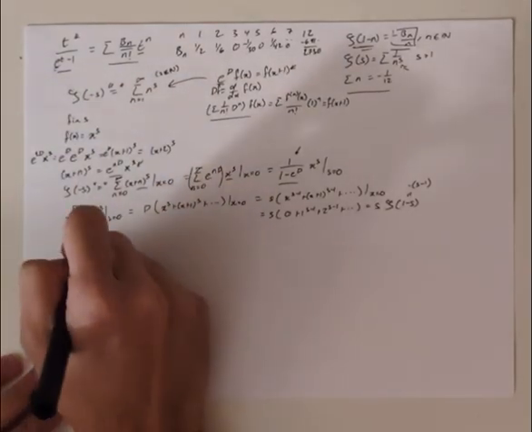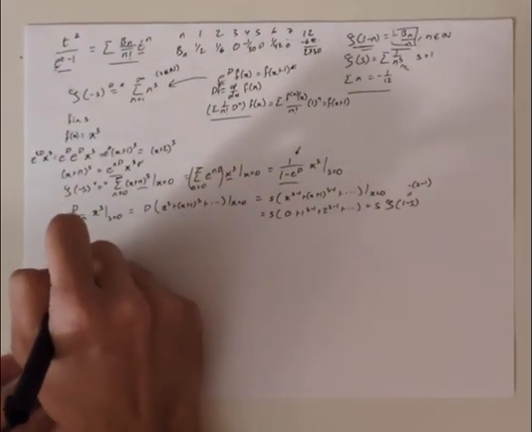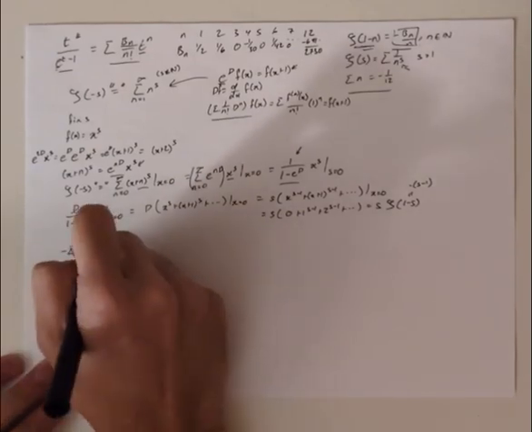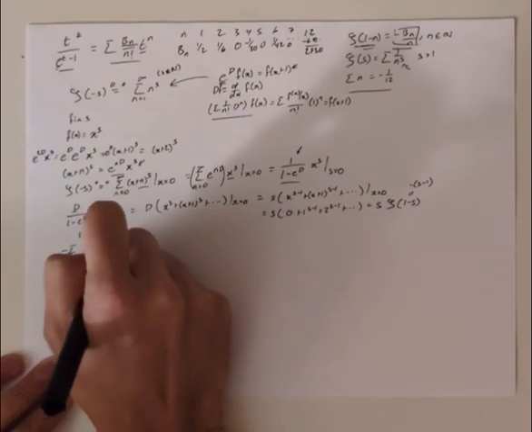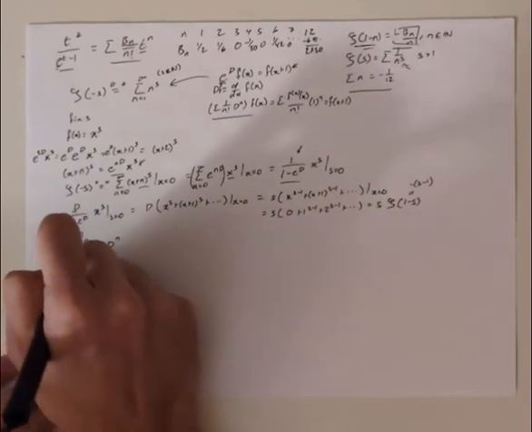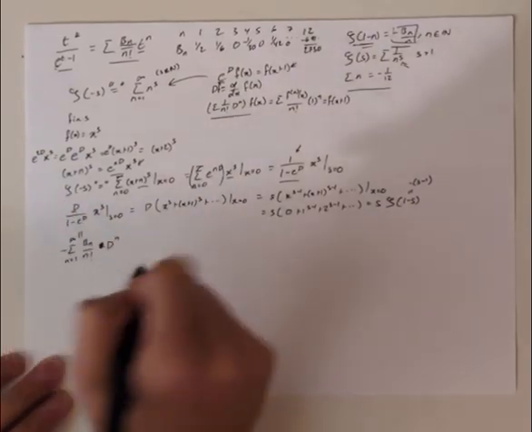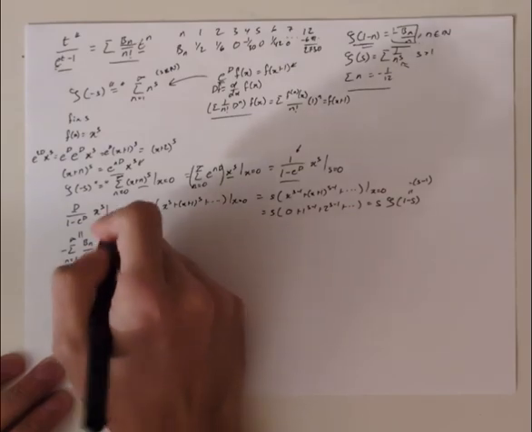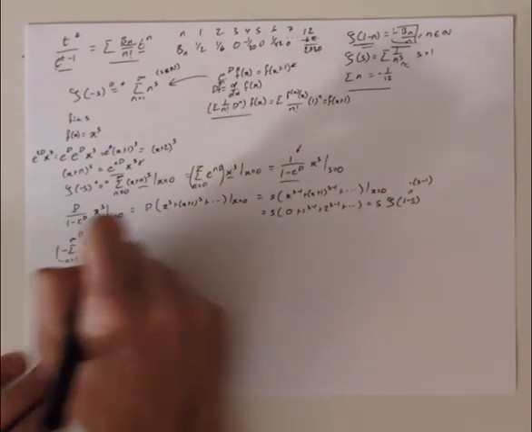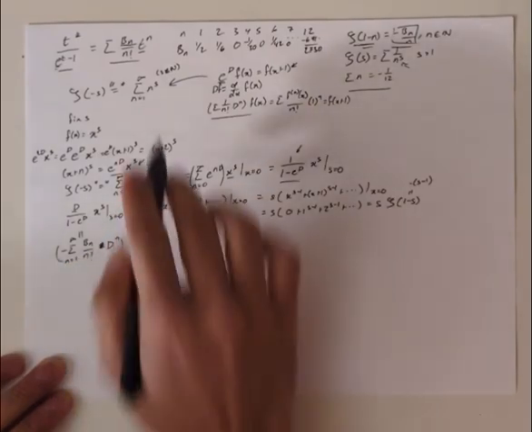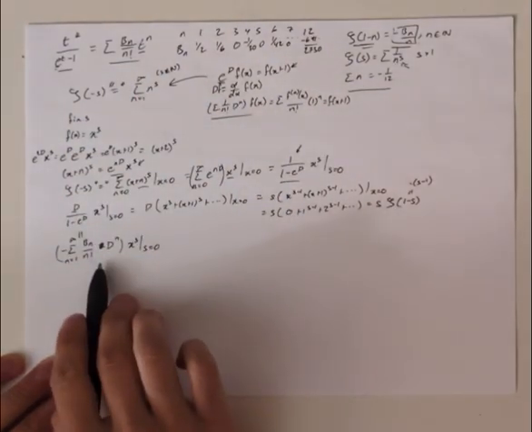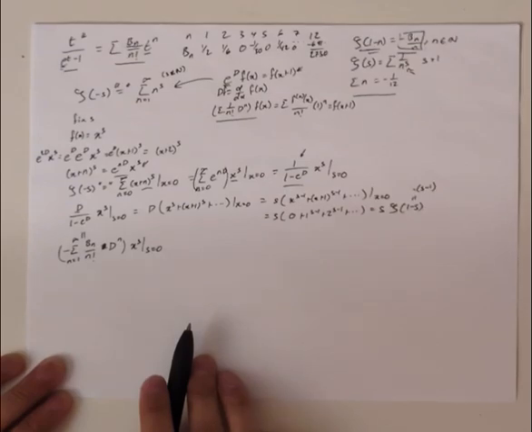This is negative B sub n over n factorial times, sorry, there should be a d to the n, and n goes from 1 to infinity. And all of this expression gets multiplied by x to the s, evaluated at x equals 0. So all I've done is take this power series expression and replace t with d.